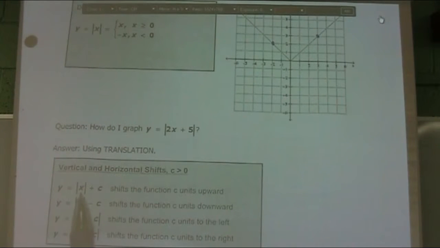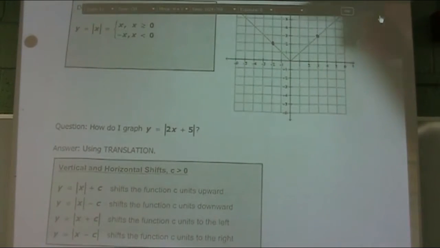If I have y equals the absolute value of x, and I add some number c to it, and remember, c is positive, so if I add a number to it, it shifts the function upwards on the graph. However many units c is, it shifts it up. So the whole thing is going to go up.